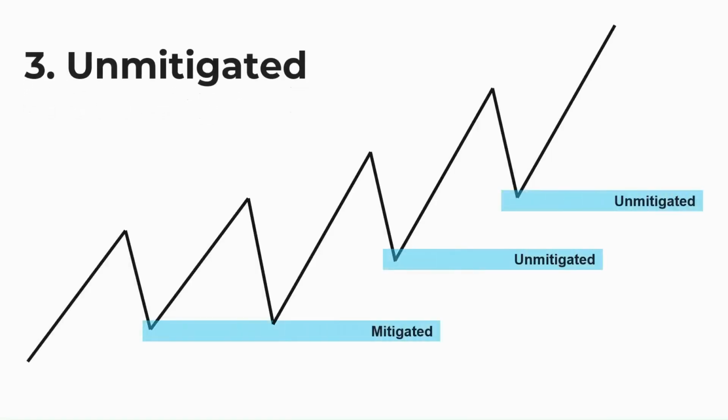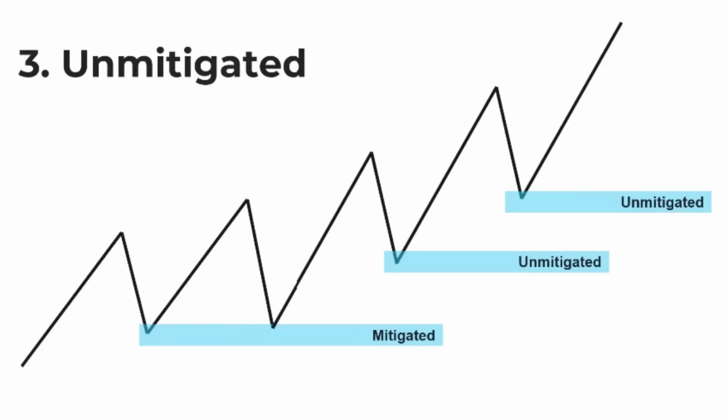The third feature is that it must be unmitigated. Supply and demand zones are one-time use, so the ones which we have mitigated before are no longer considered valid. If a zone lacks one of these criteria, it won't be considered a valid supply and demand.